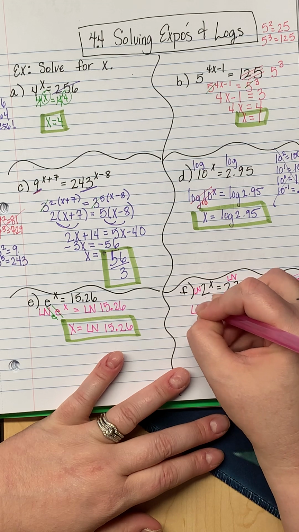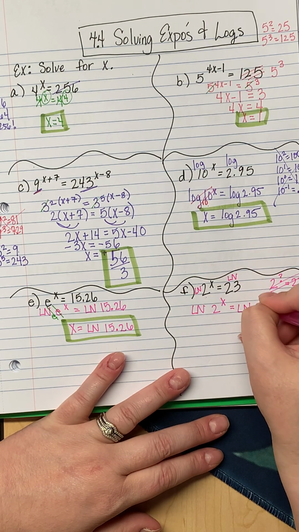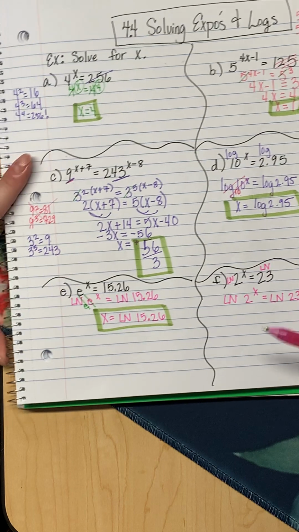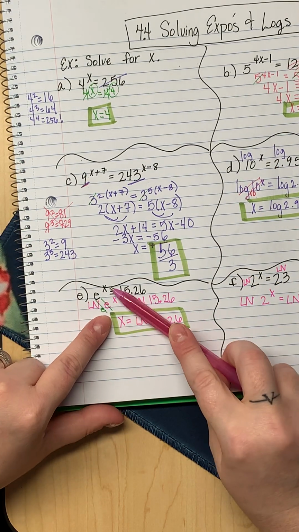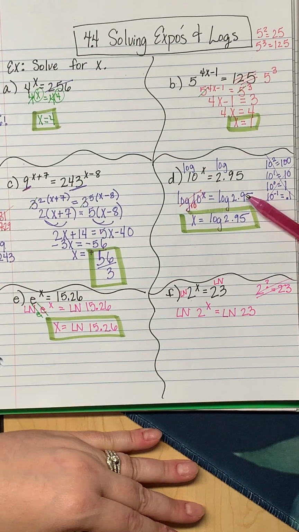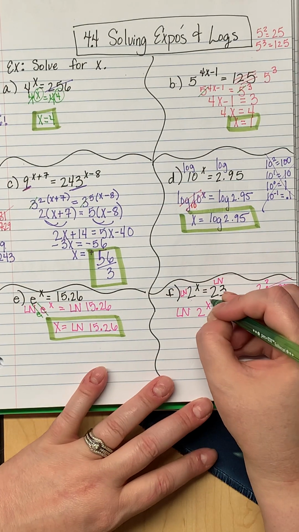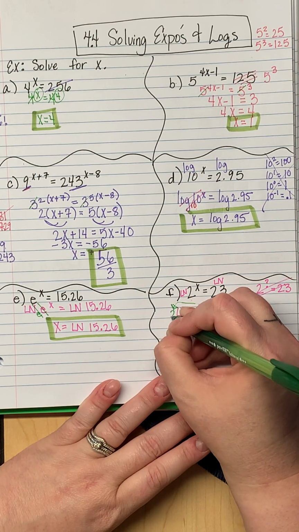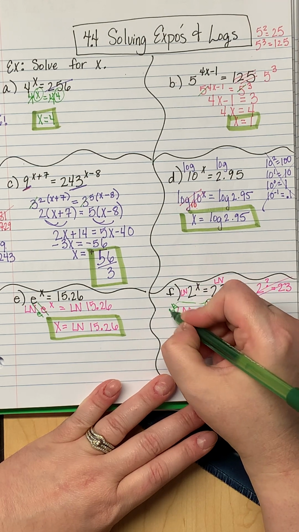But then something different happens here. The ln does not cancel because I don't see an e anywhere. The only reason it canceled on part E is because I had a e to the x. So this is not going to cancel. Well, let's use that one rule that says take the exponent and bring it down in front as a coefficient. Sorry, that coefficient is x.